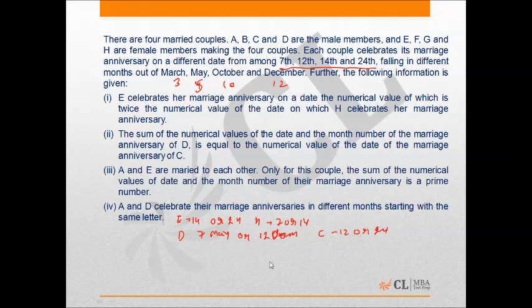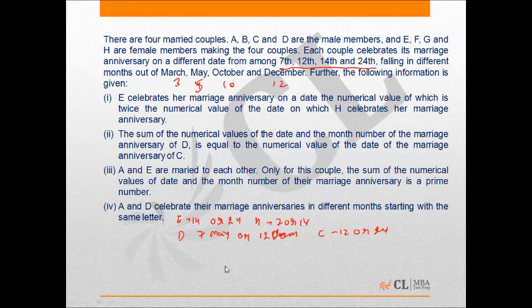According to the next statement, A and E are married to each other, and only for this couple, the sum of the numerical values of date and month number of their anniversary is a prime number. On observation, we get 24 plus 5, 29, which is a prime number. 14 plus 5, which is 19, is also a prime number.